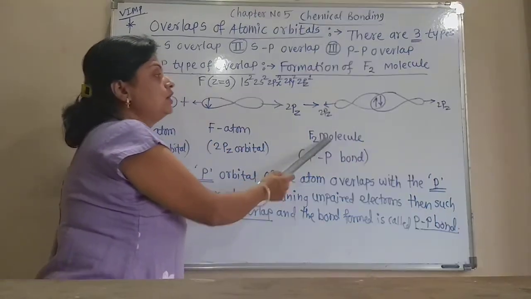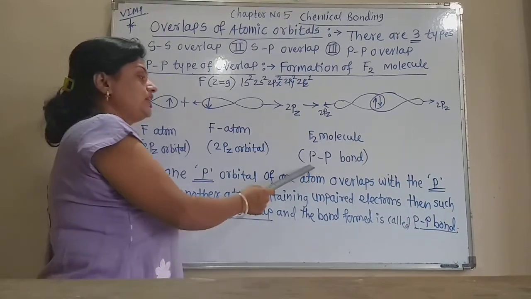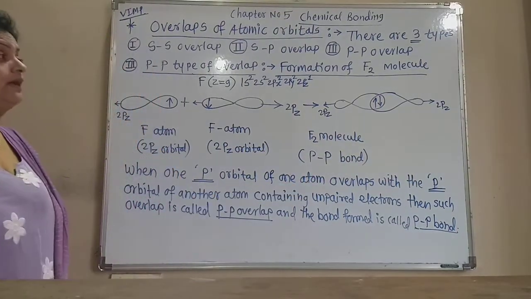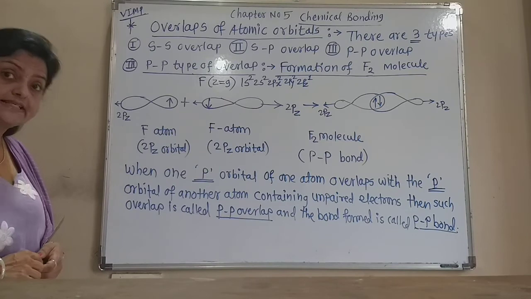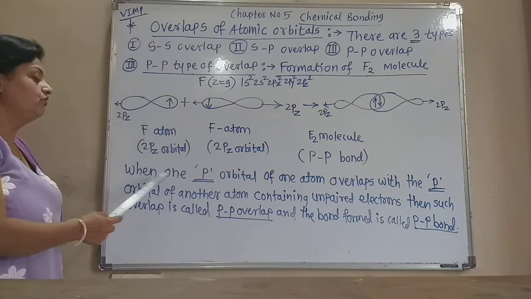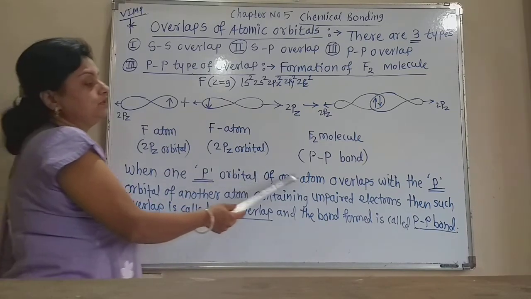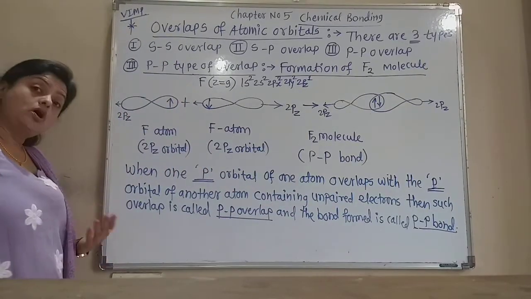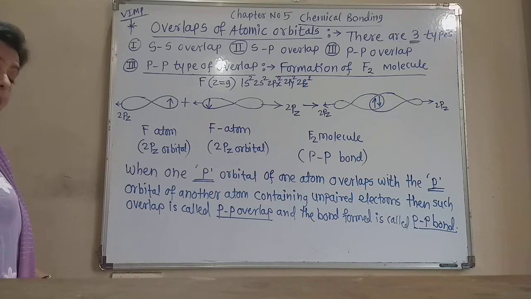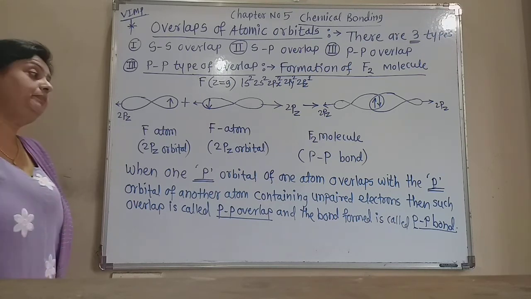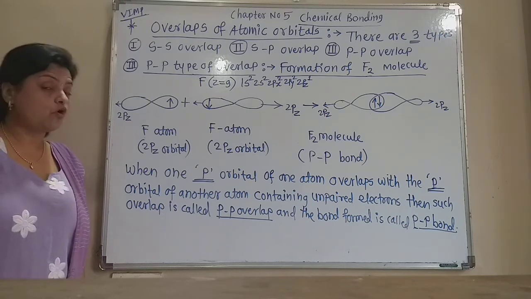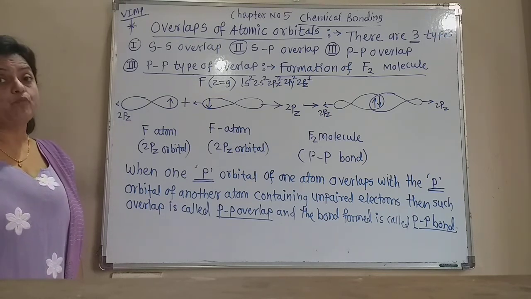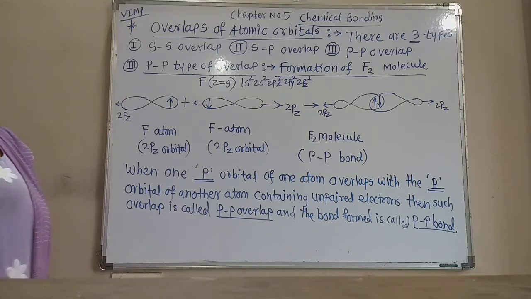Such type of bond is called the pp bond, and such type of overlap is called the pp overlap. When one p orbital of one atom overlaps with the p orbital of another atom containing an unpaired electron, then such type of overlap is called the pp overlap, and the bond formed is called the pp bond. Now these are the types of atomic orbital overlapping.